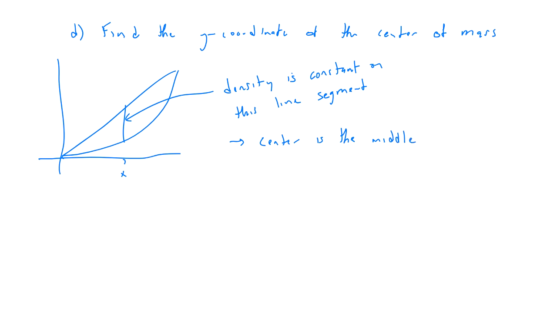Because it's constant. I'm just doing it this way so I have more room. So if I have a line segment in one dimension from A to B, what is the center? So how do I get that middle number?